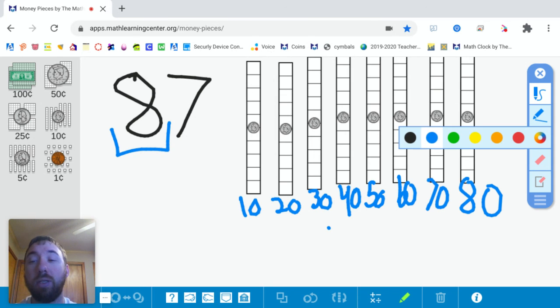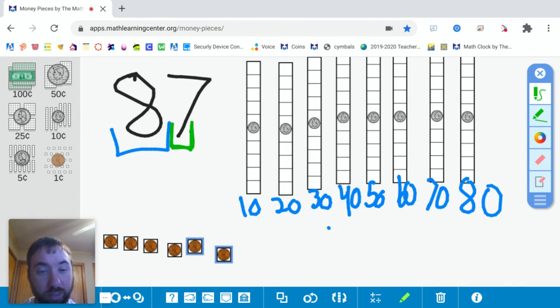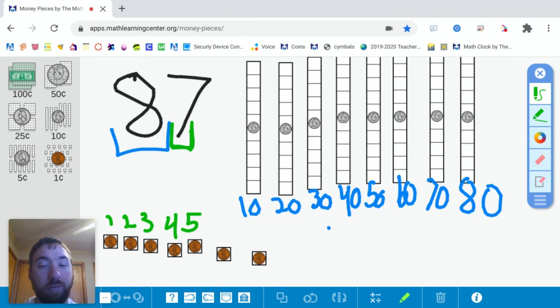Now I go to the next one. How many pennies do I need? 7. 1, 2, 3, 4, 5, 6, 7. I'm going to go back and double count that to make sure. 1, 2, 3, 4, 5, 6, 7.